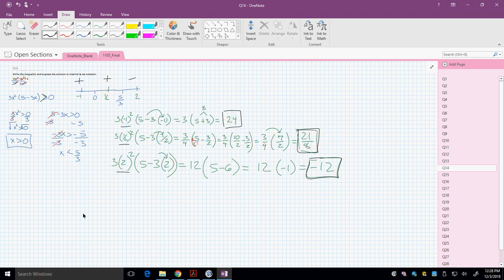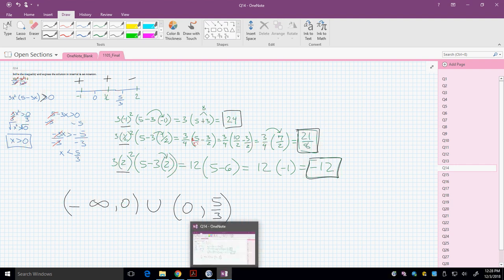So that means that our answer is going to be from -infinity all the way to 0, not including the values, with a union of 0, not including the value, all the way to 5/3, not including the values. And this is the interval notation.